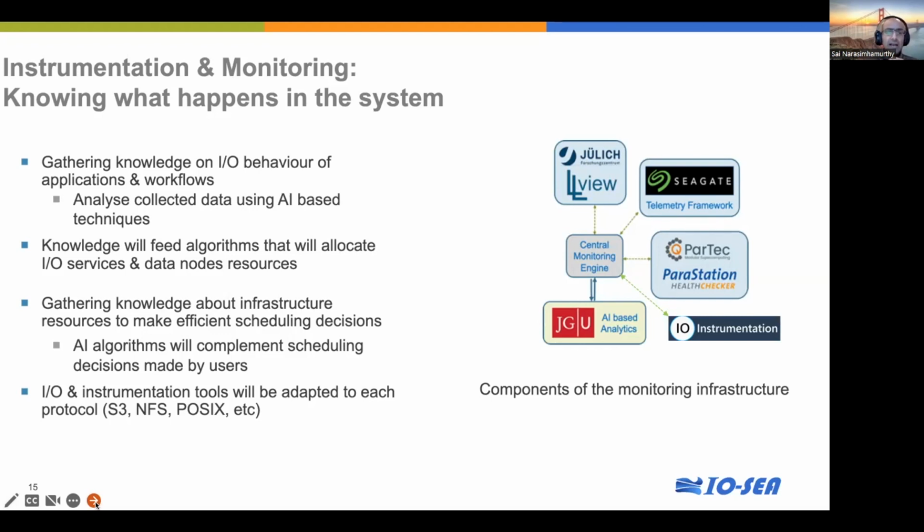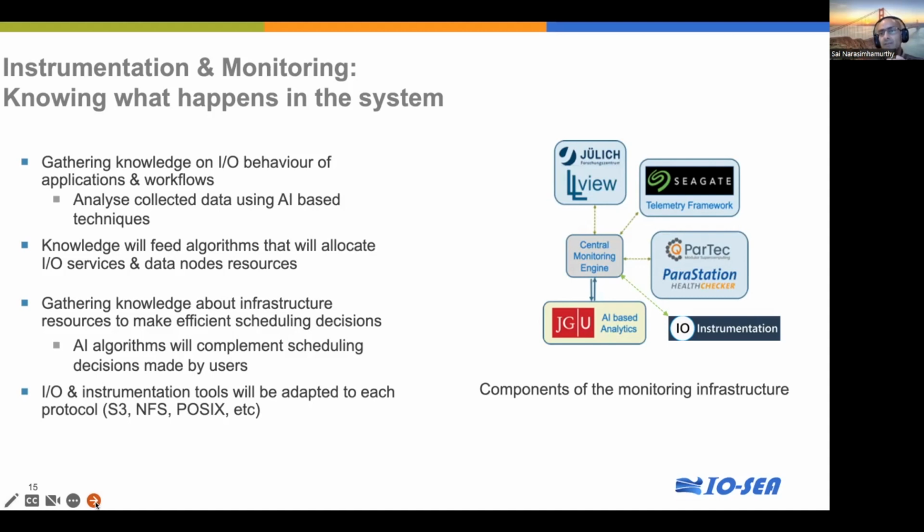And also the IO and instrumentation tools will be adapted for each of these different kinds of ephemeral services that we have. So on the right, you have a quick overview of the different kinds of individual components that you have as part of your monitoring infrastructure.